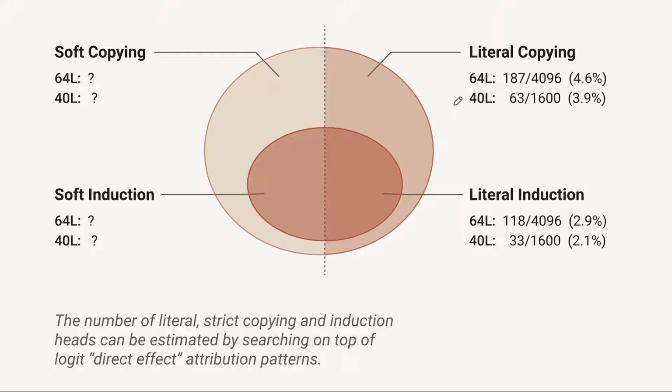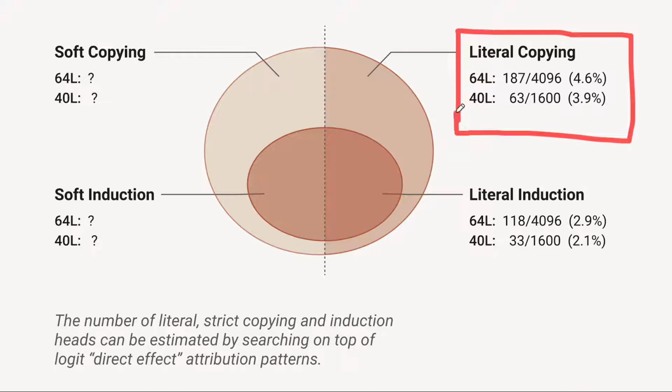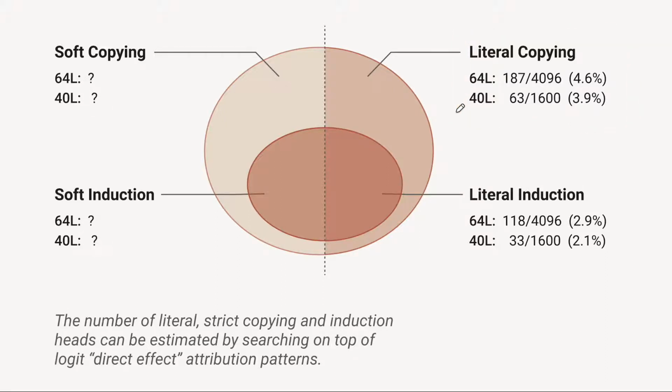But the literal ones, we can just look behaviorally for attention heads that tend to increase the probability of the same token they attend to. I think we categorize something as a copying head if more than 50% of the time when it increases the probability of a token, it was attending to the exact same token.